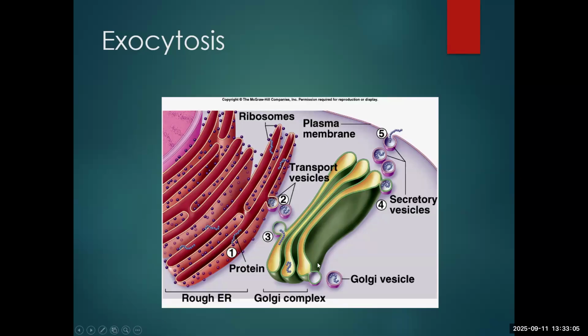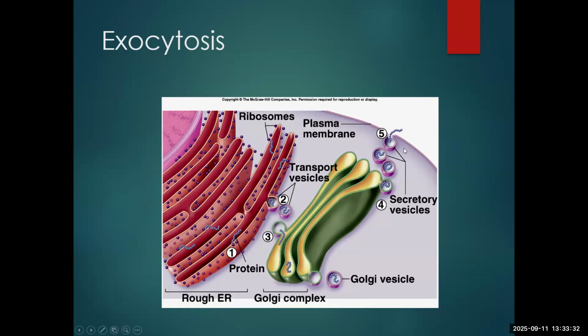The Golgi complex produces membrane-enclosed bubbles that are called vesicles. They're sometimes called secretory vesicles, even more specifically, because they secrete substances or export them. The secretory vesicles are little packets that move toward the membrane.